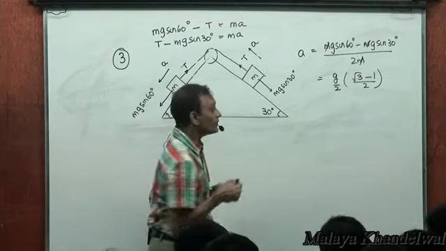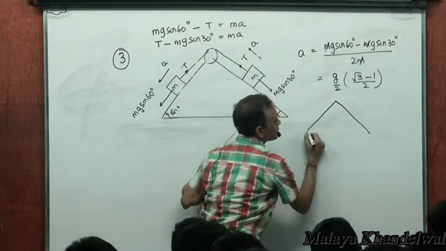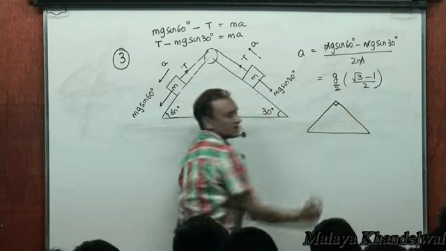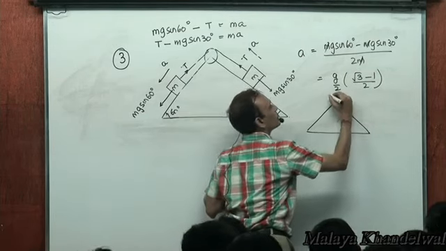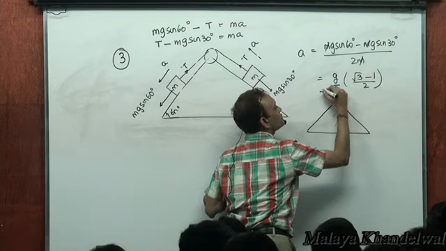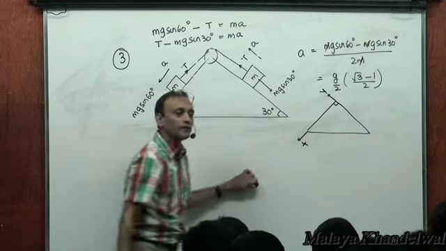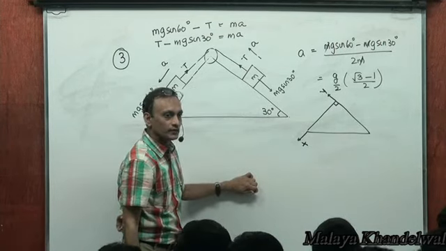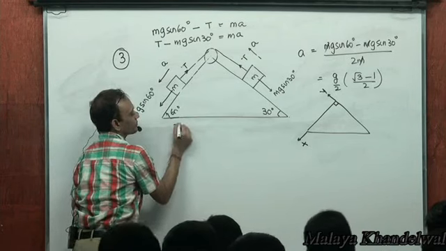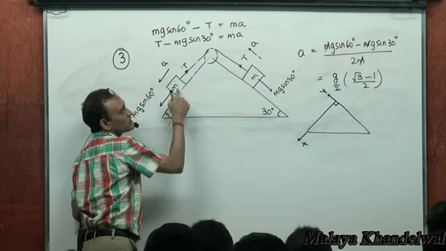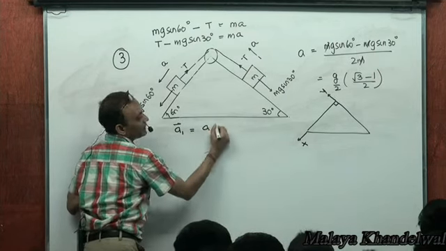Okay. Now, this is 90 degrees, as all of you have seen. Let me call this the y direction and this the x direction. So the acceleration of this mass, vectorially, call it a1, is going to be a i cap.